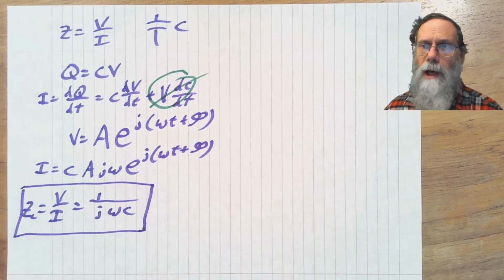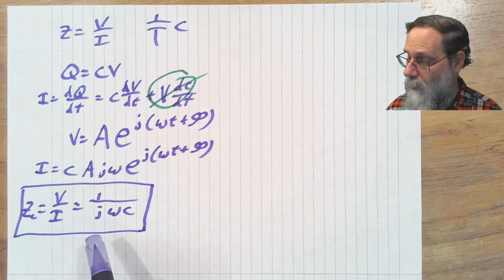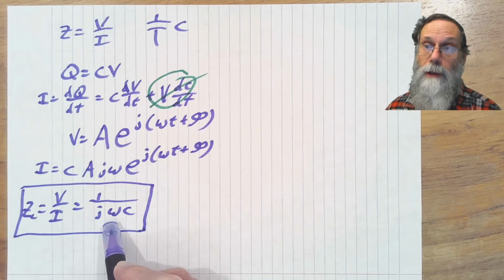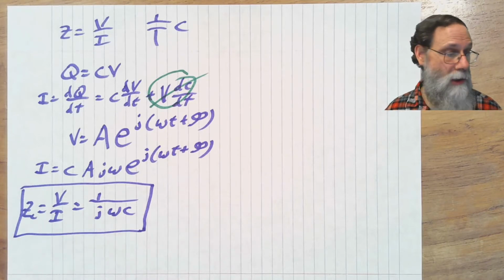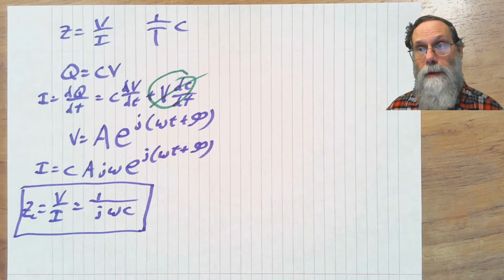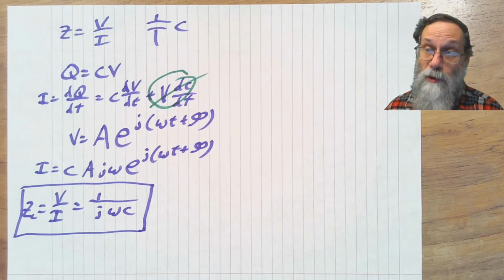And notice that it's not changing with time, so it's a constant in the sense that it doesn't change with time, but it does depend on what angular frequency we were doing here. And that's an important point: capacitors change their impedance with the frequency of the sinusoid you put into them. Let's look at extreme cases.